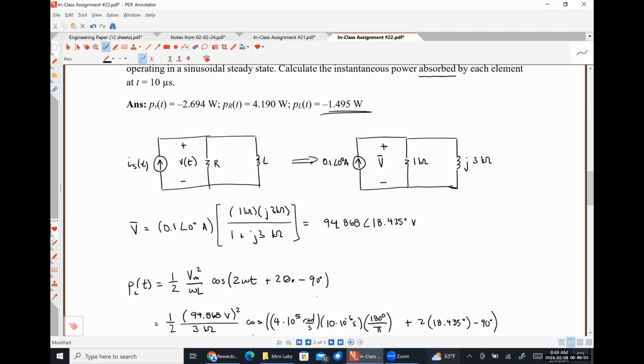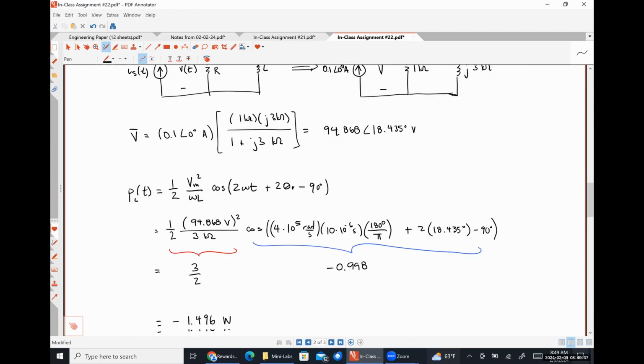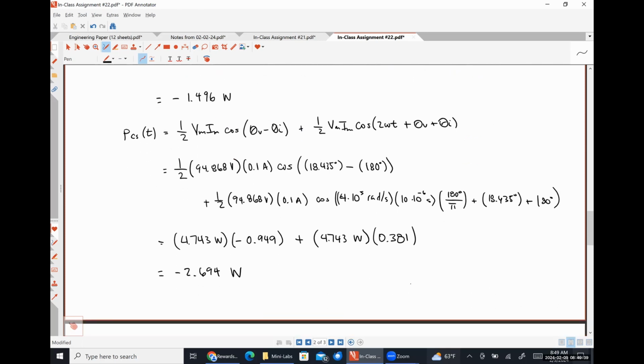Just checking things out here: exact same answer. I'll leave it to you guys to do the resistor calculation.